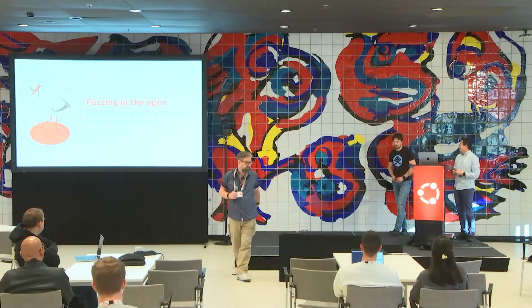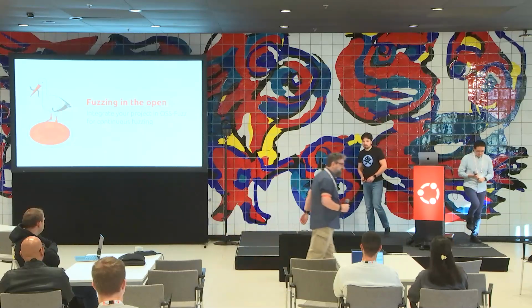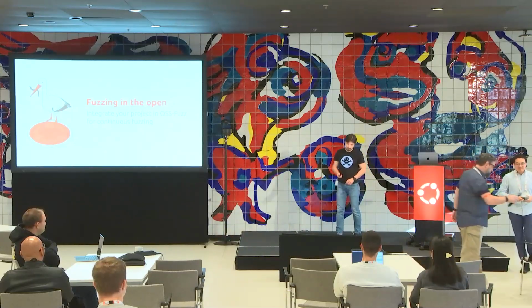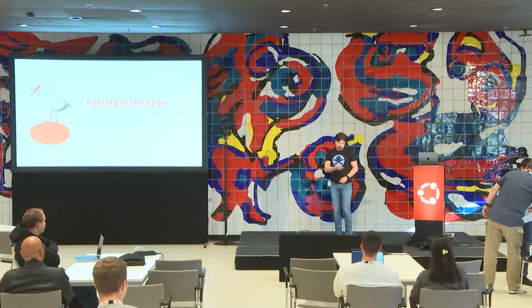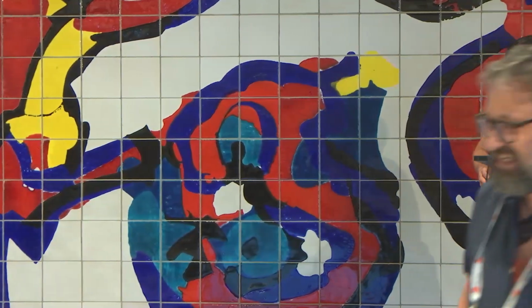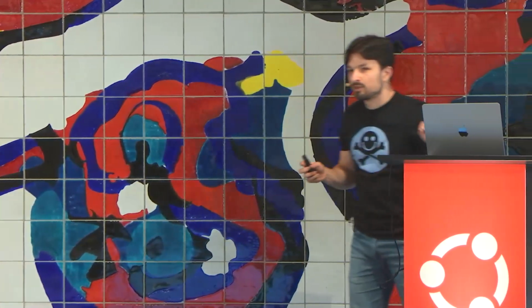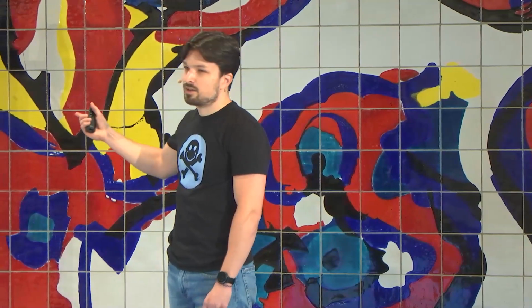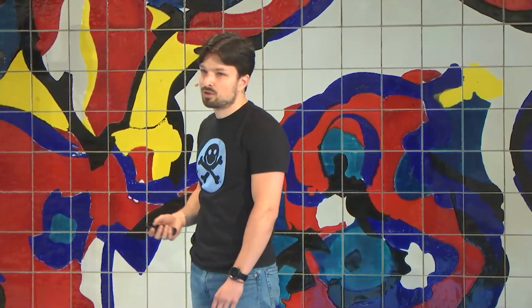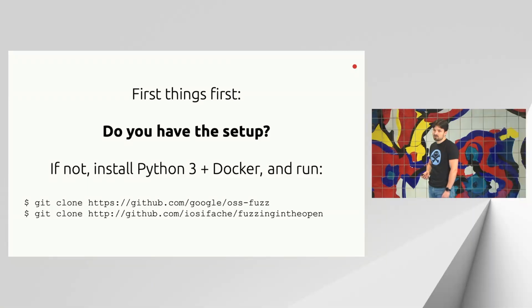Thank you for the introduction, Till, and thank you all for being here. Let me start with the most important question for this introduction, namely if you have the setup already done. If not, I guess you already have Python 3 and Docker installed on your systems.